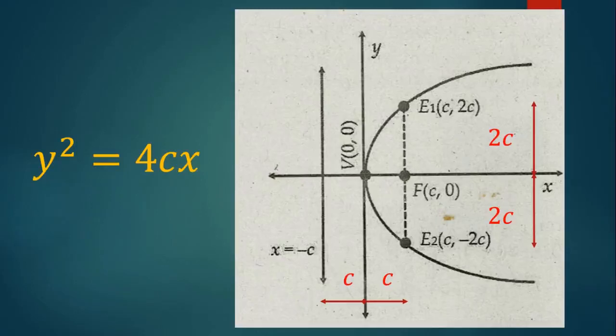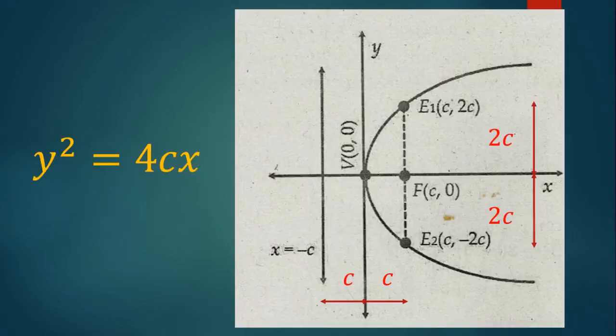So, sa madaling salita, starting from the ordered pairs or the coordinates of E sub 1 and E sub 2, ito yung kanyang endpoints ng latus rectum, will be (c, 2c). Bakit? Kasi ang horizontal distance niya ay katulad ng focus. So, c, and then the vertical distance is 2c. Kaya (c, 2c) on top. At sa baba, yung other end ng latus rectum natin, c ang horizontal distance, okay?